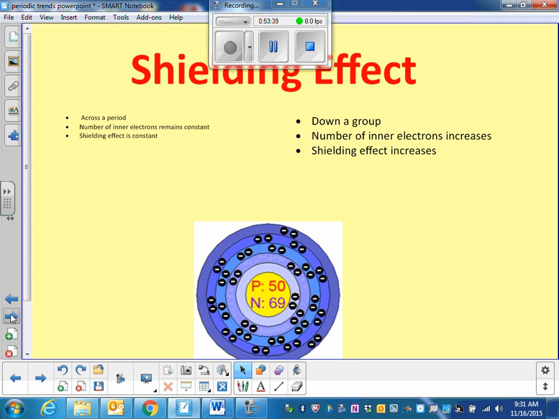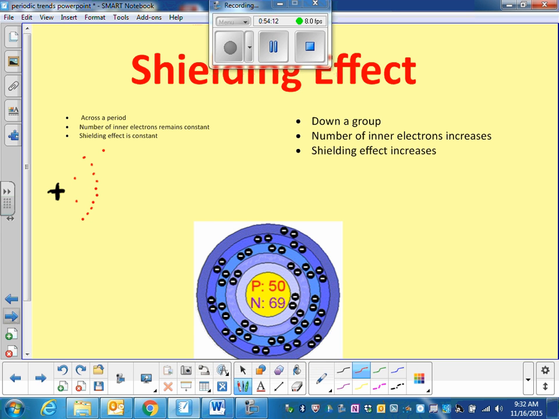The next thing we need to know is, what is shielding effect? What is a shield? It protects. Let us understand shielding effect. Now, let's say this is the nucleus. There are electrons in the first energy level whizzing around. In the second energy level, there are more electrons.